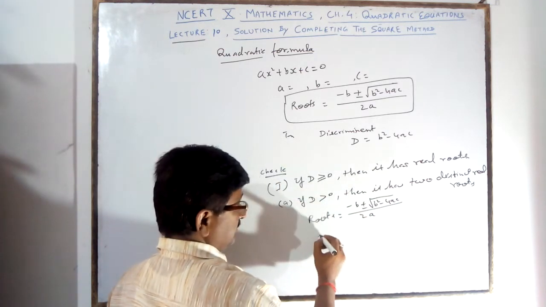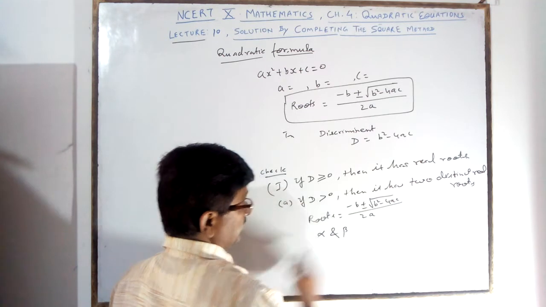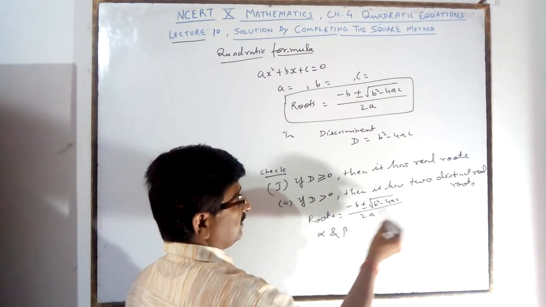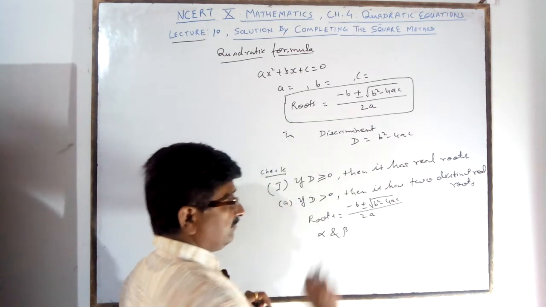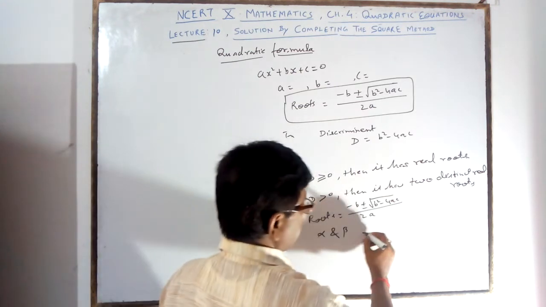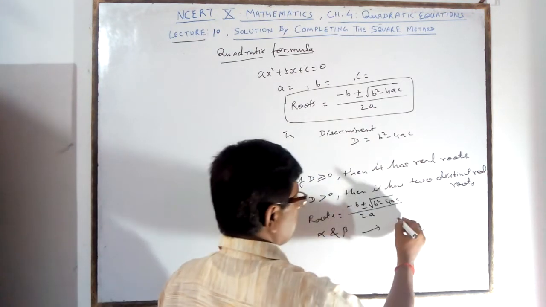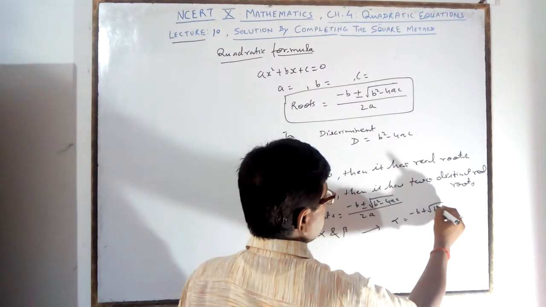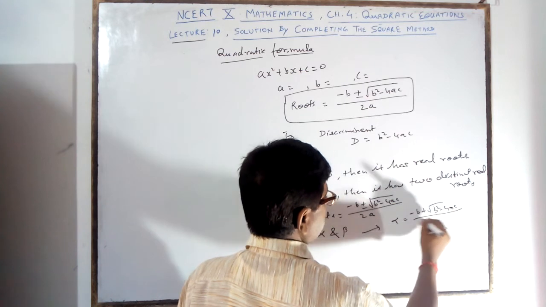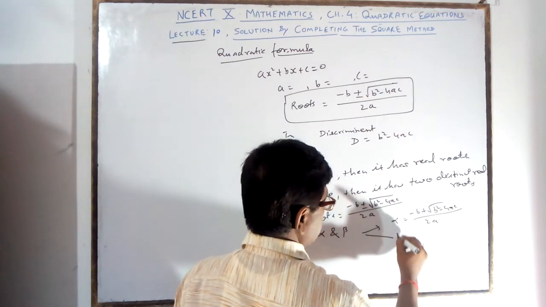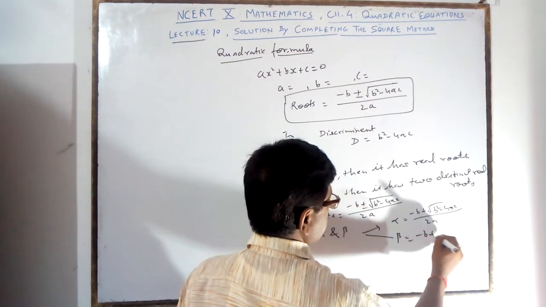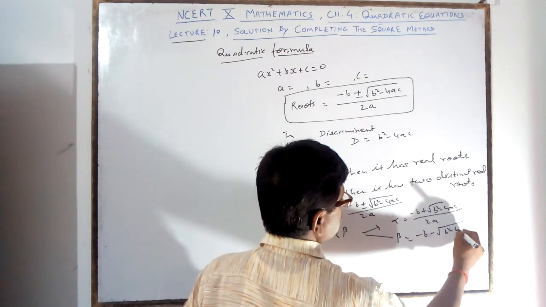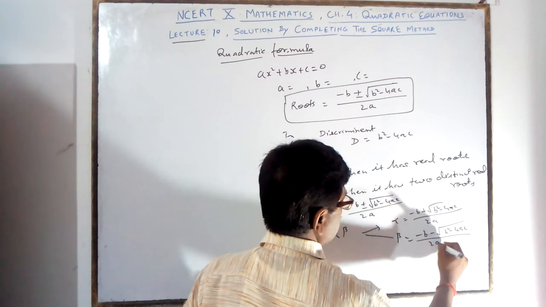So alpha and beta are the two roots. Alpha is equal to minus b plus under root b square minus 4ac by 2a, and beta is equal to minus b minus under root b square minus 4ac upon 2a.